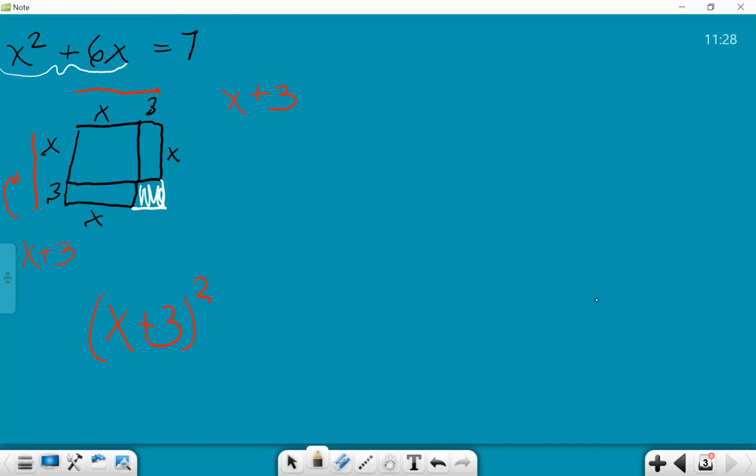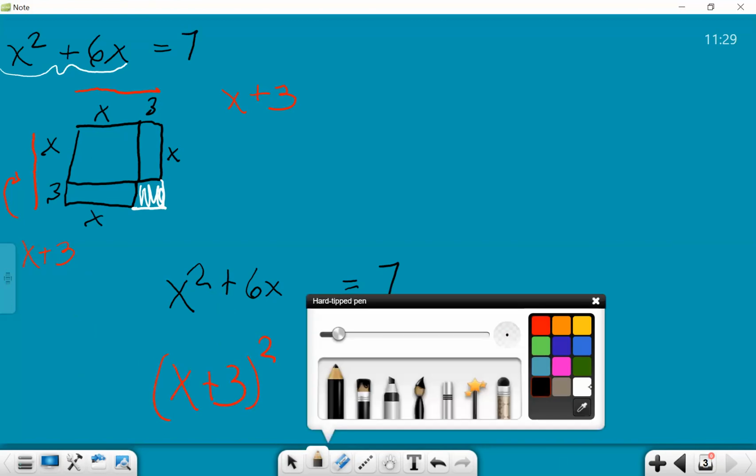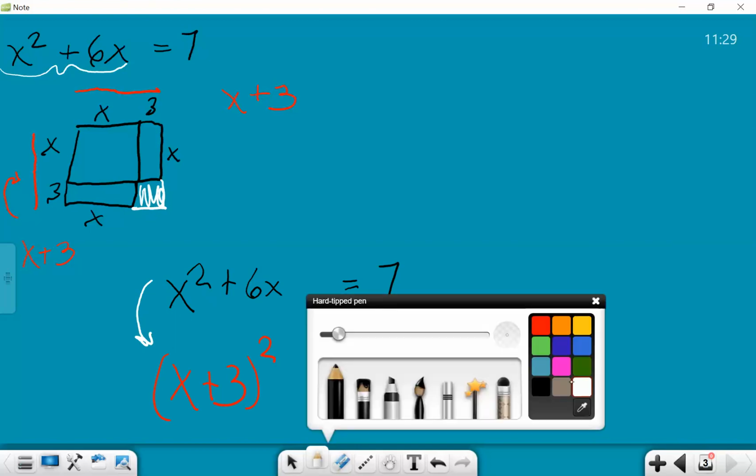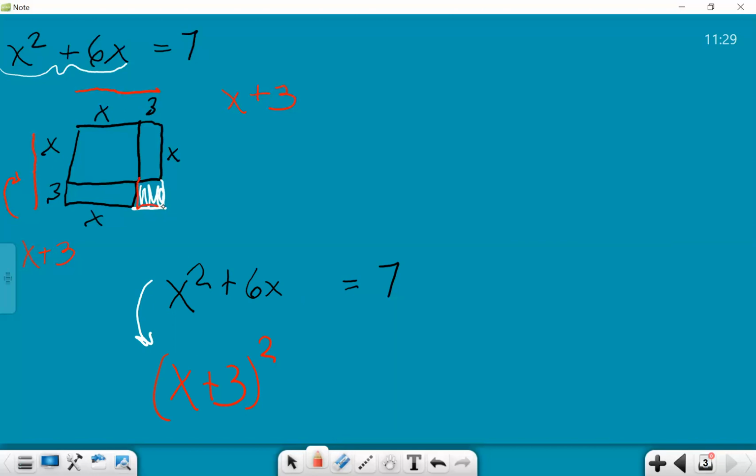So where originally we started with x squared plus 6x equals 7, we've now made the x squared plus 6x side bigger. And how much bigger did we make it? Remember, we made it bigger by adding in this little square right here.